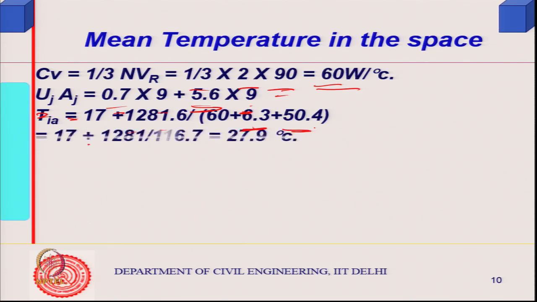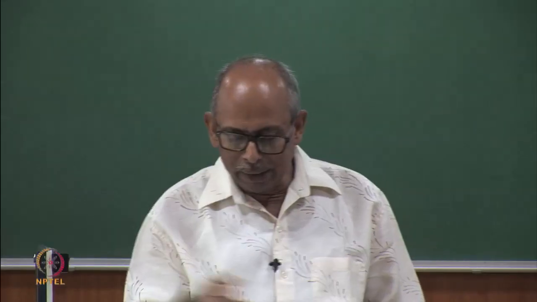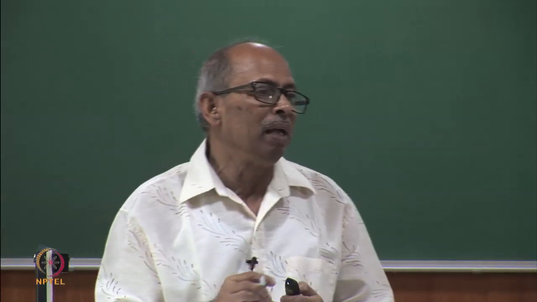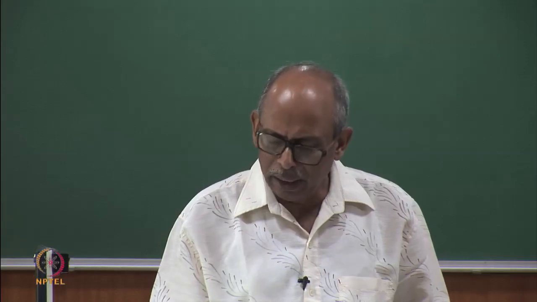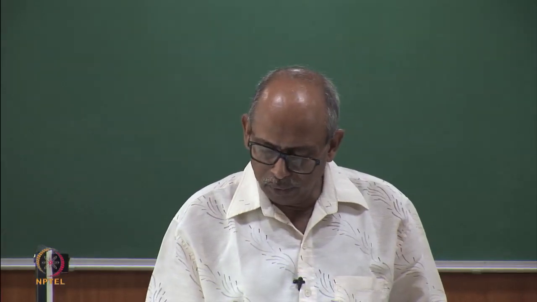Using the formula, with 17 as the outside mean, Ti comes to 27.9. This is fairly high, but it does not matter because it is a hypothetical problem. Only one wall is open, outside is 17 mean, and inside mean would be significantly higher if all this heat has to be dissipated. In fact, this 180 value seems to be high, and one could have reduced it.